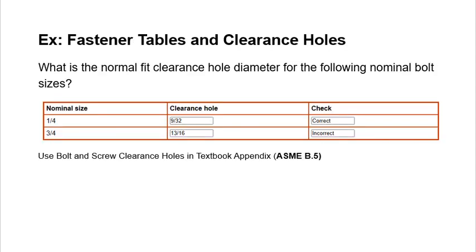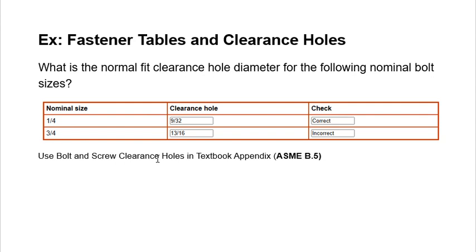Okay, then we come to the table. Here we'll have to write the nominal size, and then the clearance hole for that nominal size. So we have 1/4 and 3/4. Go all the way to the back of your textbook, to Appendix B, and we're dealing with the clearance hole, so go to the clearance hole table and look for 1/4, and you're going to get 9/32.